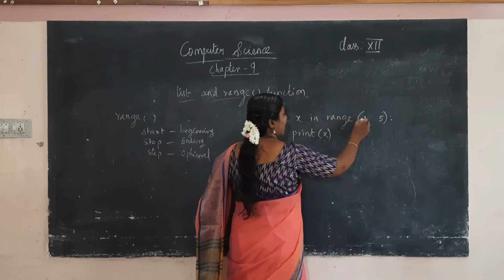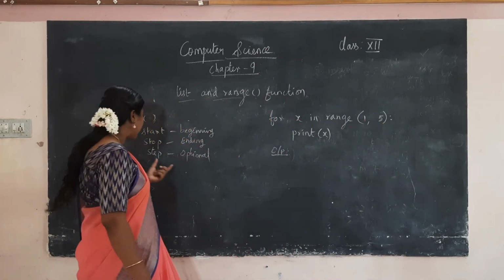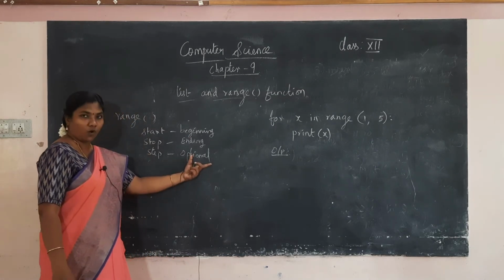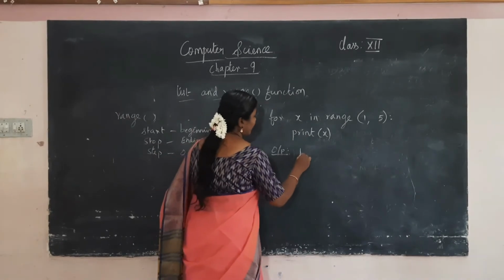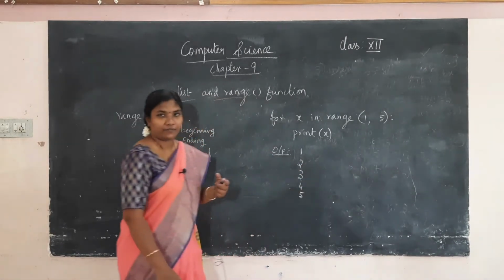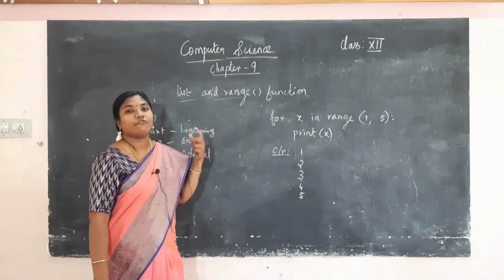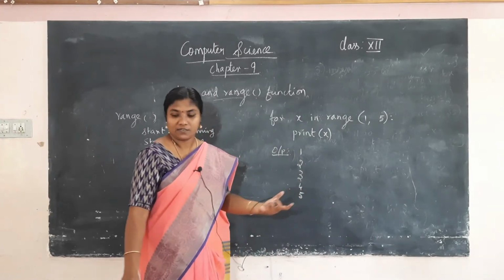So x in range, starting value I have given, ending value I have given. I have not given the step value, which is optional. If you want you can give. So here I have not given the step value. So my output will be 1, 2, 3, 4 and 5. So using for loop I have created a list.